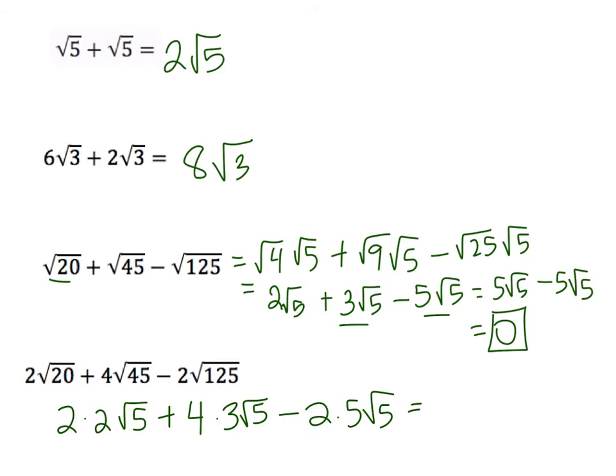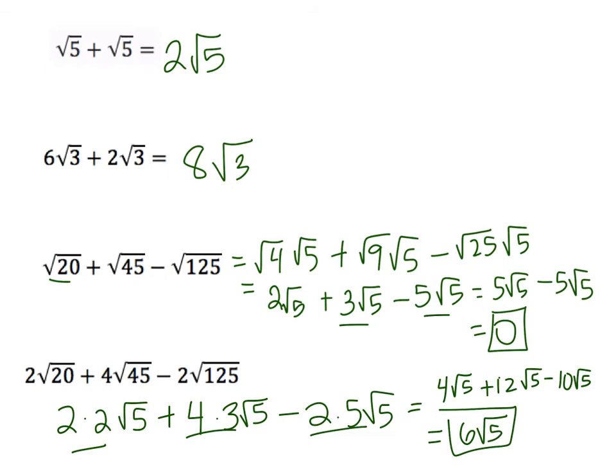Now I'll simplify it. 2 times 2 is 4, so we have 4 square root of 5. 4 times 3 becomes 12, plus 12 square root of 5, minus 10 square root of 5. 4 plus 12 becomes 16, minus 10 is 6 square root of 5.